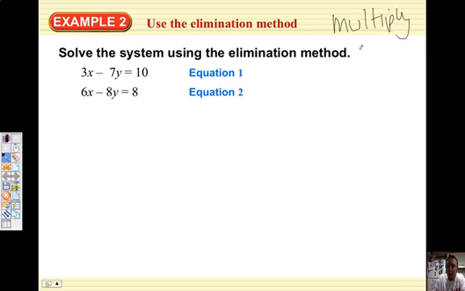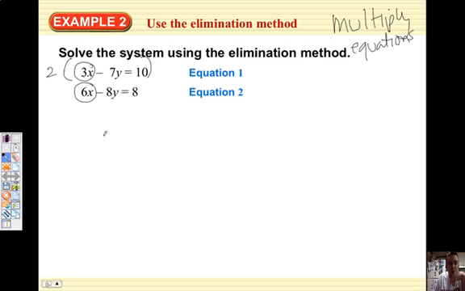So sometimes you have to multiply equations. You can multiply one equation and then add or subtract, or you can multiply both equations and add or subtract. Watch what I mean by that. What you want is you want the same coefficient. Like I got 3 and 6. What could I do to something to make them both the same? What if I multiplied this top equation, the whole equation, by 2?